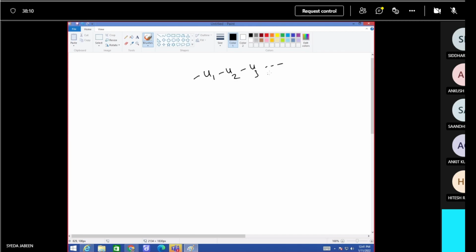You can make them, because if negative term is added to all the series, you can make it positive by taking one minus common, U1 plus U2 plus, so this becomes positive, not an issue. Like minus 3. Minus 3 is a negative term. So when you apply some theoretical concept, you can just take a minus separately and then you can apply anything over here. So same thing over here.